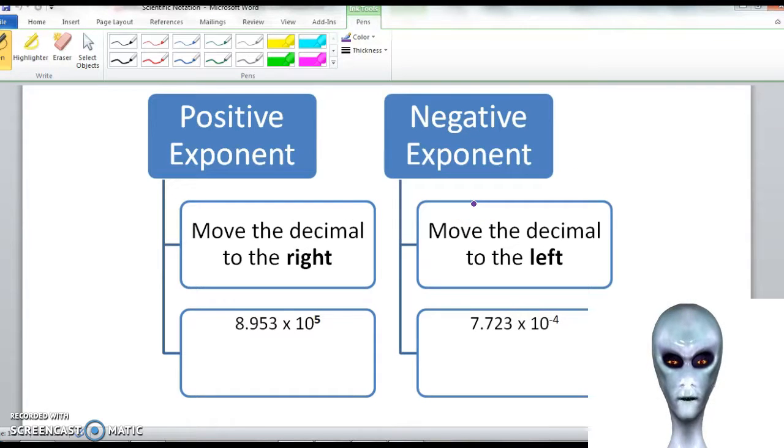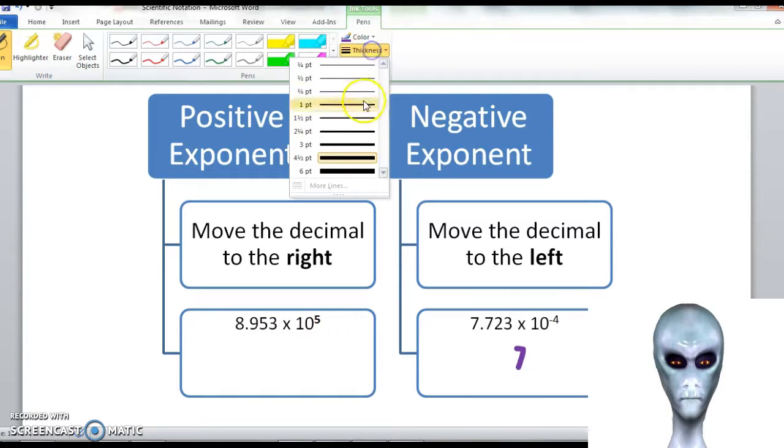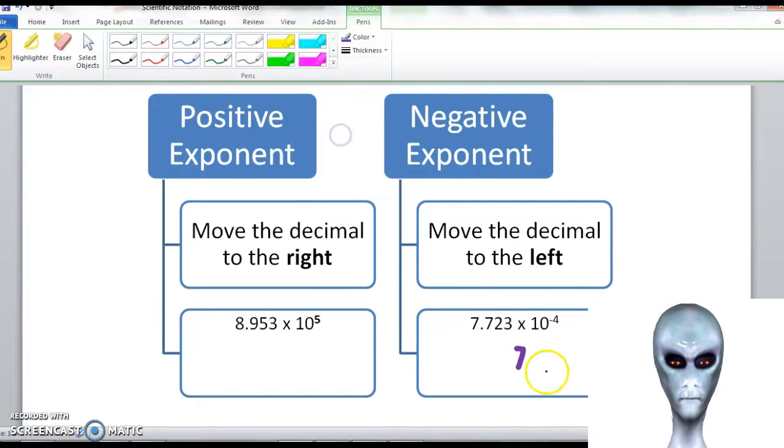You're going to move the decimal to the left. So here are my digits, 7.723. I'm going to move it to the left 4 times. 1, 2, 3, 4. And then put my decimal point.